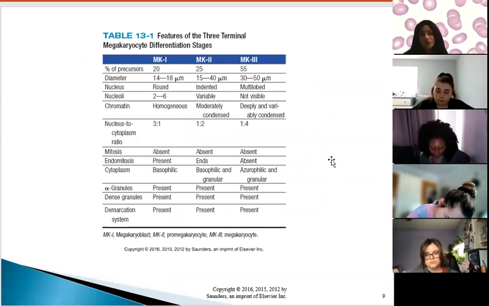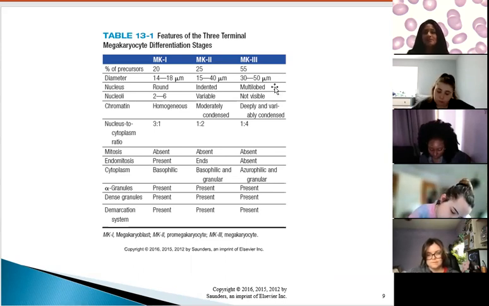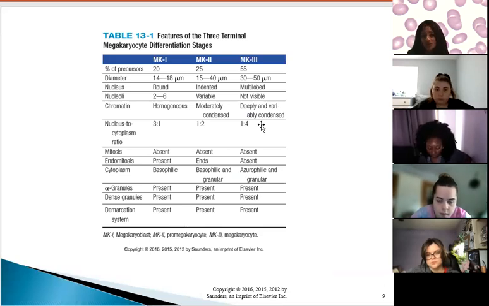Okay, so here are some of the features of the terminal megakaryocyte differentiation stages. You have MK1, MK2, and MK3, and the differences between them. It's just really helpful to know that your MK3 is the largest one in size, multi-lobed, with no nucleoli. The chromatin is deeply and variably condensed. The NC ratio is decreased, so there's a lot more cytoplasm, and no mitosis, no endomitosis.